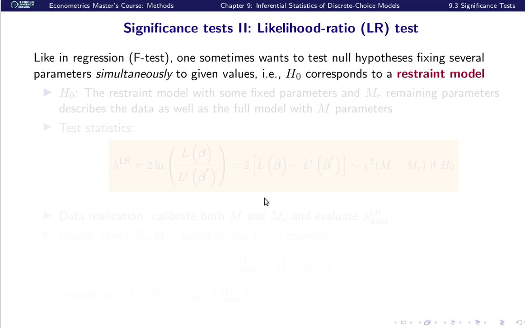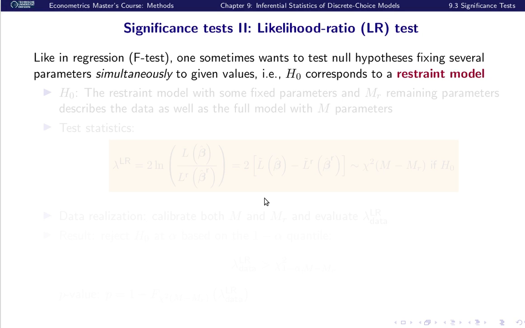There's also an analog to the f-test of regression. Remember, the f-test tested nested models, the full model and a restrained model. And this restrained model is just the full model with one or more parameters fixed. That's what we also call a simultaneous test. That means we test simultaneously if it's plausible that parameter 1 has value 1 and simultaneously parameter 2 has value 2 and so on.